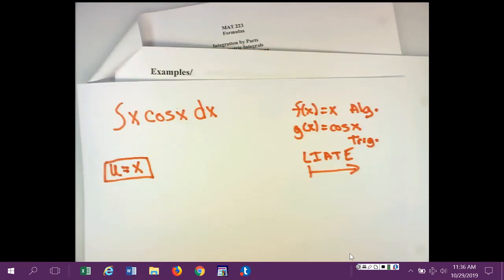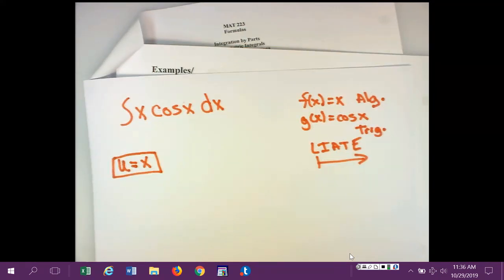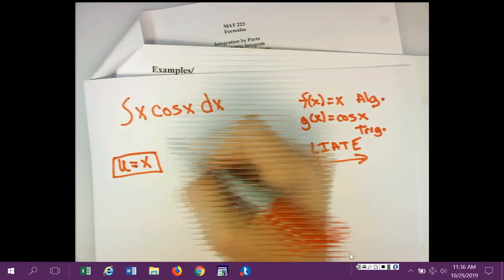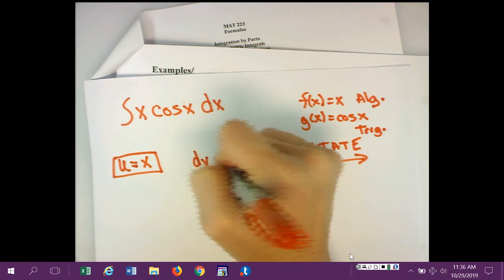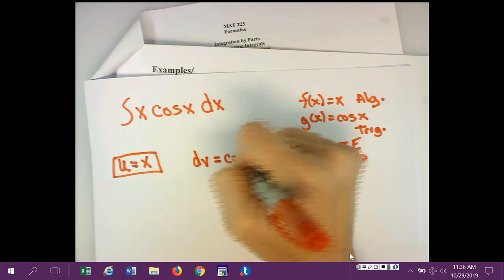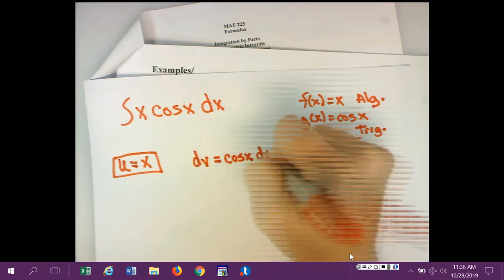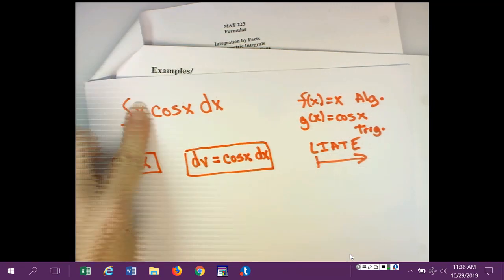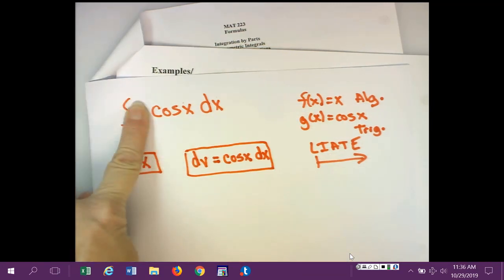First box. Now here is how you decide what dv will be. Once you decide that u is x, here's your second box. dv is the rest of the integrand and what's left over. It's kind of like once you take this x out, cosine x dx is equal to dv.